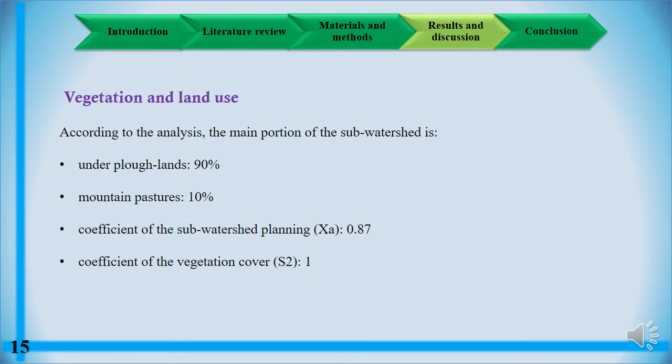The analysis of the vegetation and land use data also showed that 90% of the sub-watershed is under floodplains and only 10% is covered by mountain pastures. So the coefficient of the sub-watershed planning was calculated at about 0.87 and the coefficient of the vegetation cover is about 1.